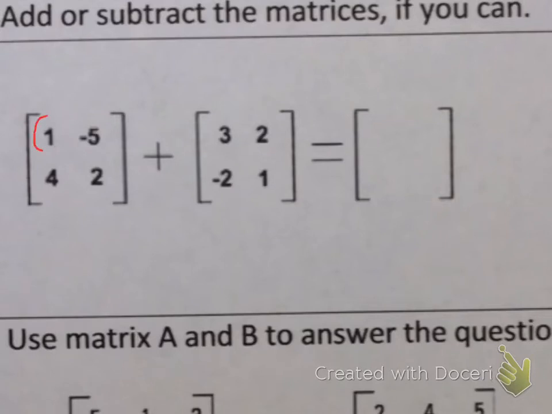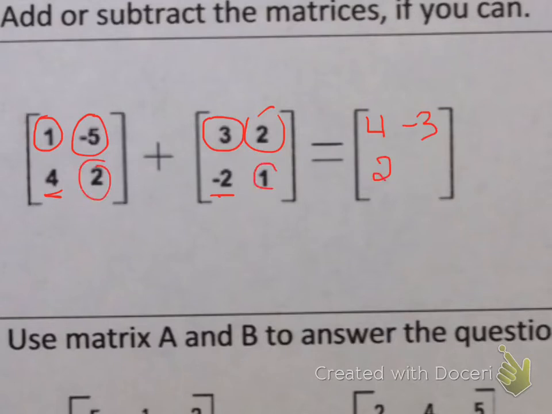Upper left plus upper left, 1 plus 3 is 4. Then negative 5 plus 2 is negative 3. Then the 4 and the negative 2 add together to be 2. And 2 plus 1 is 3. So there's the answer for my new matrix.